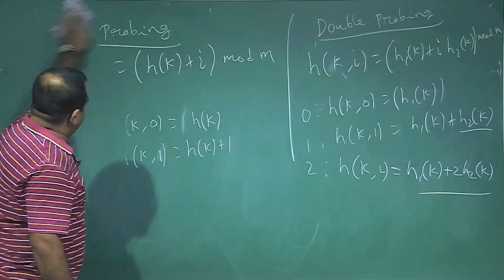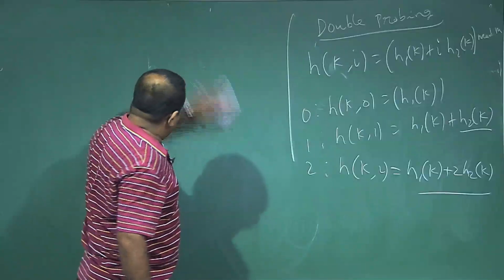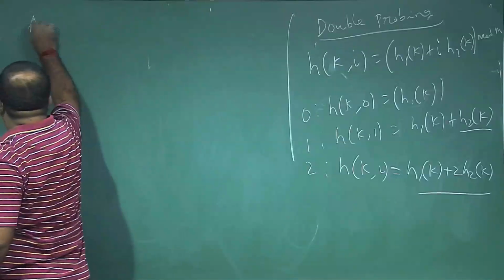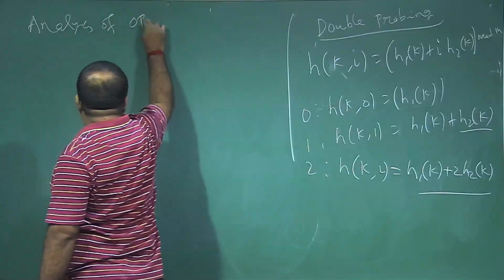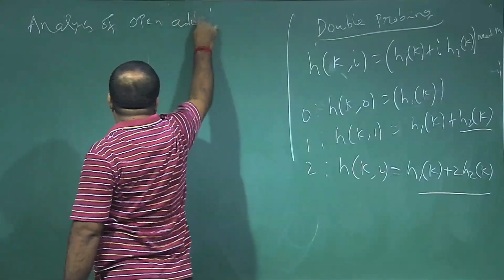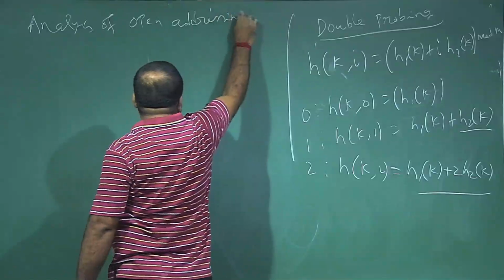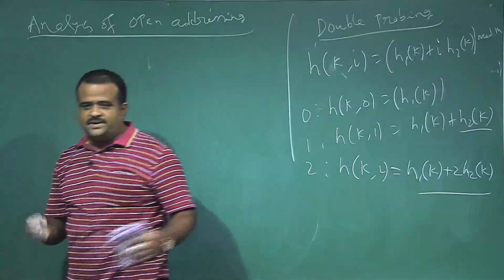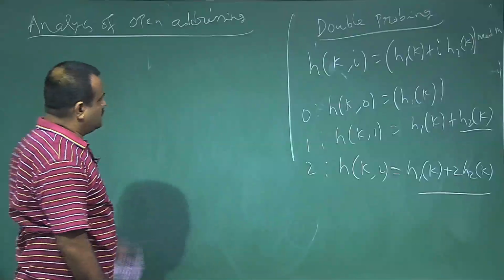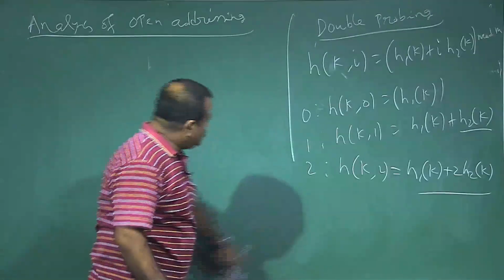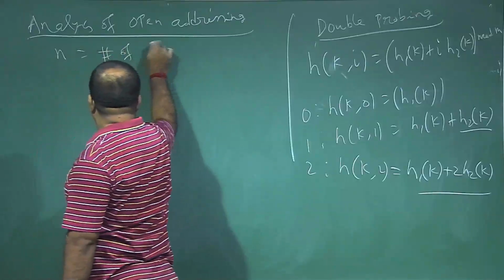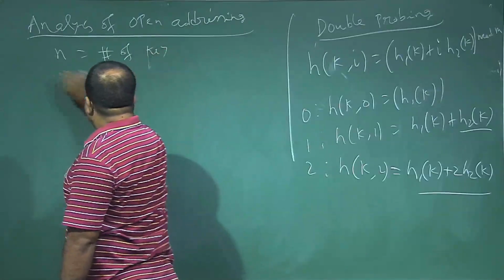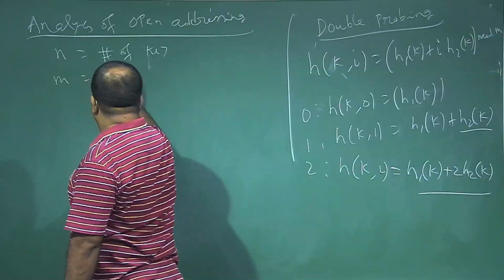So, let us quickly analyze this open addressing. If you have an open addressing method to solve collisions, suppose n is the number of keys and m is the number of slots.